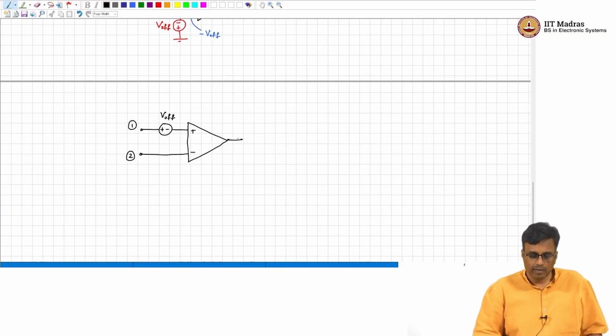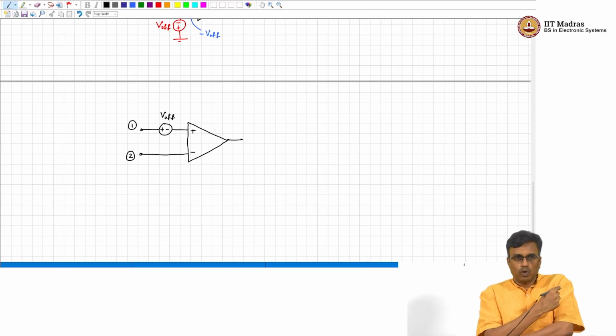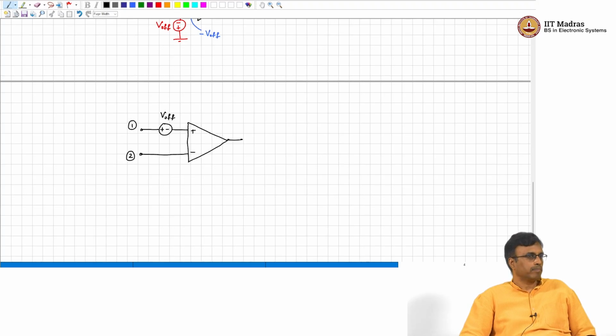Now, so far we have assumed that the output of the op amp is an ideal voltage source. It is a voltage controlled voltage source with a very large gain, and by definition a voltage source is one where the output impedance is, what is the output impedance of an ideal voltage source? 0, right.